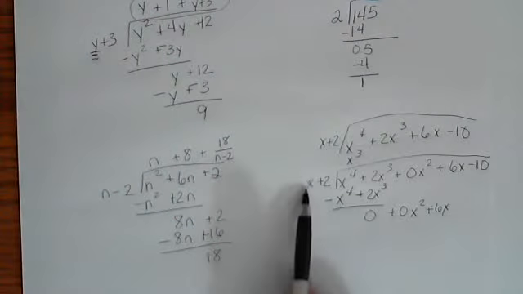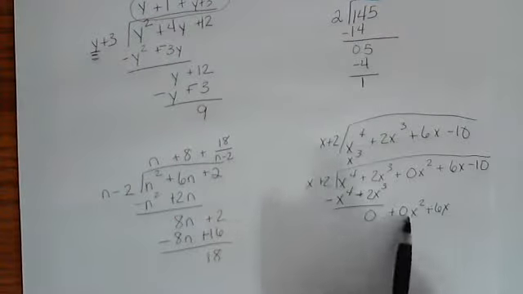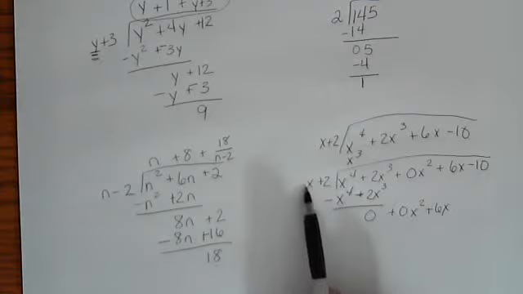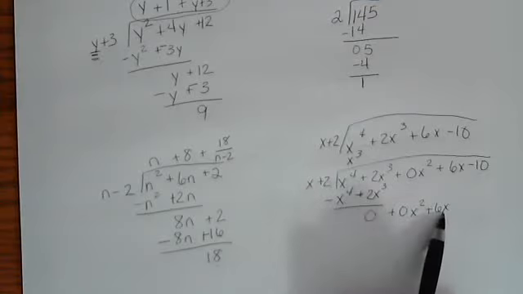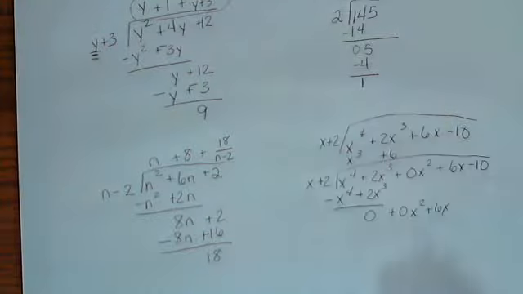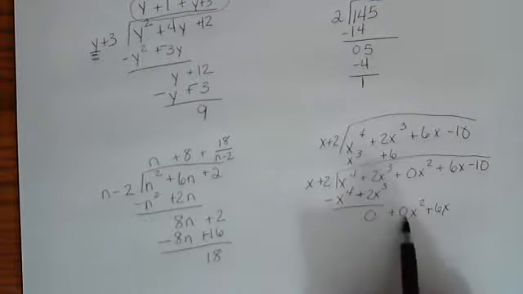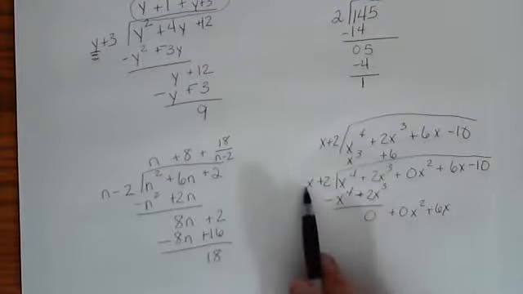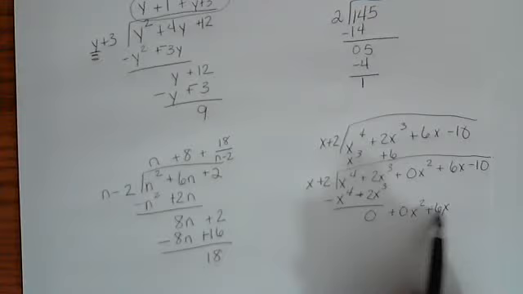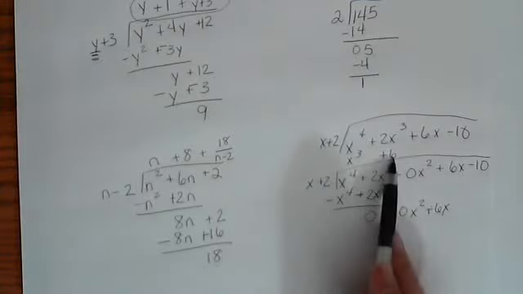How many times does x go into 0x squared? 0 times. So we don't need to write down 0x squared. We can go down to x goes into 6x. How many times? 6. So plus 6. Again, it doesn't go into 0. 0 divided by x, or 0 divided by 1, is just 0. So we can just skip that one. But 6x divided by x is a plus 6.